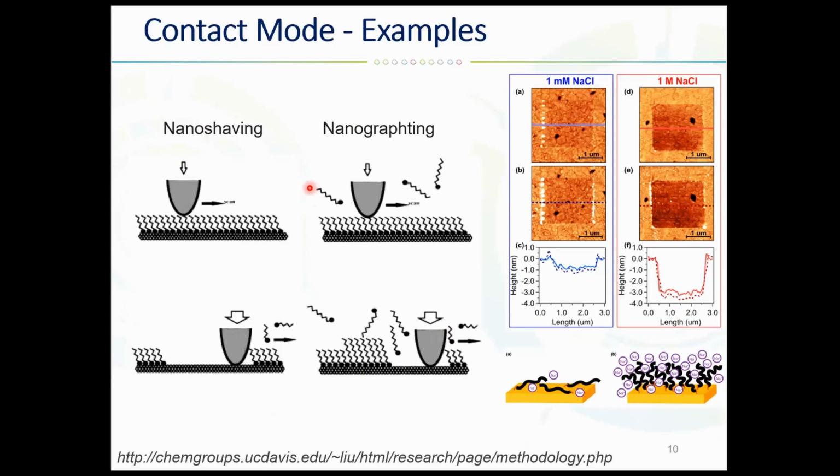And it is important to create patterns of these self-assembled monolayers with certain precision. And what people do, they use scanning probe lithography. Here you can see the schematics of this lithography.